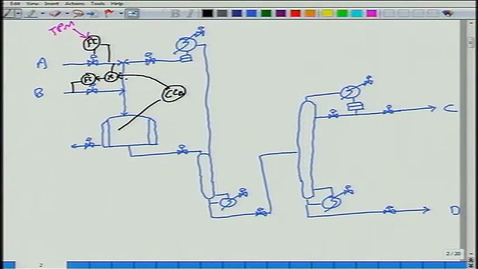Then the level controller here has to be which way? I can do it two ways. I can control the level by adjusting the recycle stream, okay, in which case this reflux drum level will have to be controlled this way. That is one way of doing it.